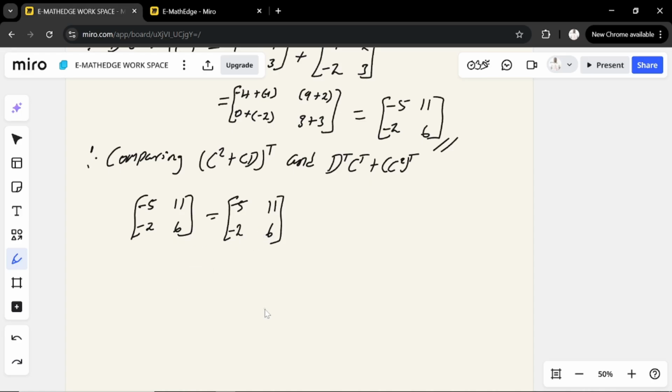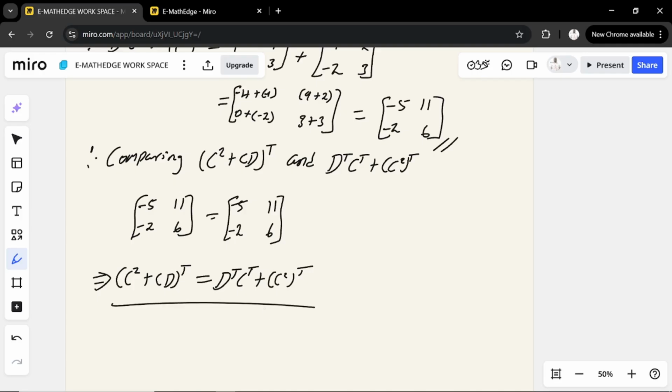So in conclusion, we can see that C squared plus CD transpose is equal to D transpose C transpose plus C square transpose. So that is the final result.